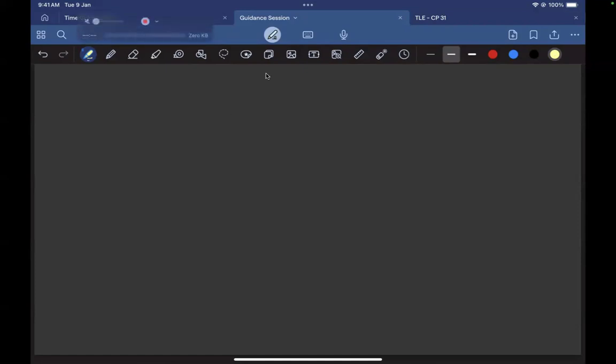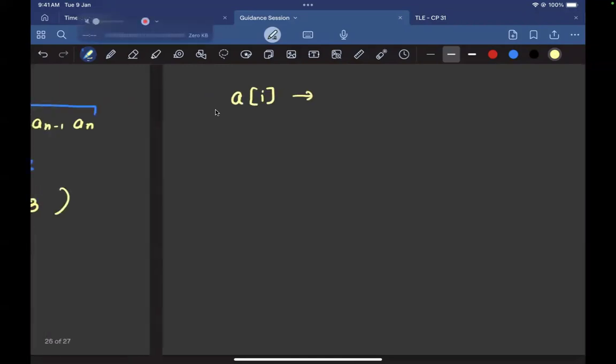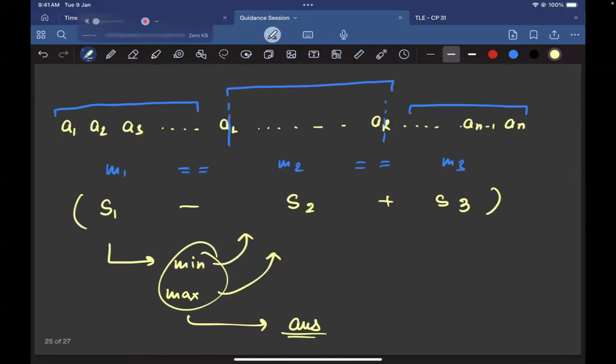Tell me, guys, let's say I pick up some value AI. Now, when you do this partition, you are basically trying to create some max, correct? You're trying to create some max value. Some m, yes, you're making some m value as max, right?